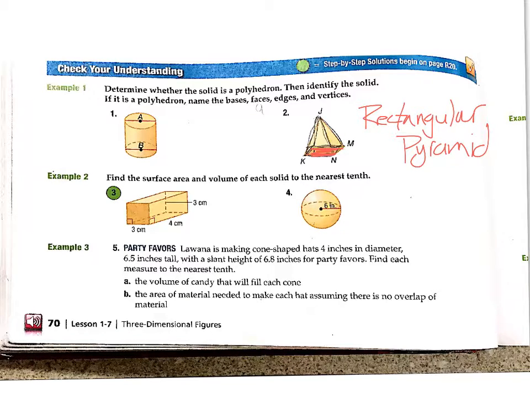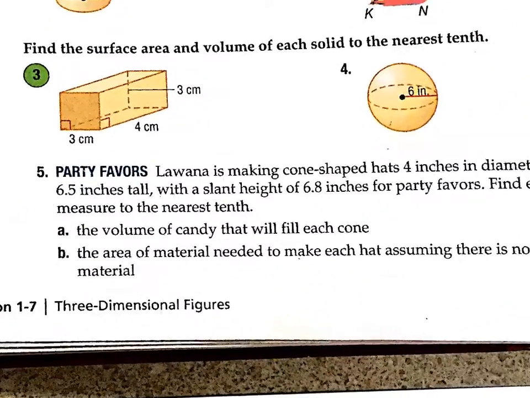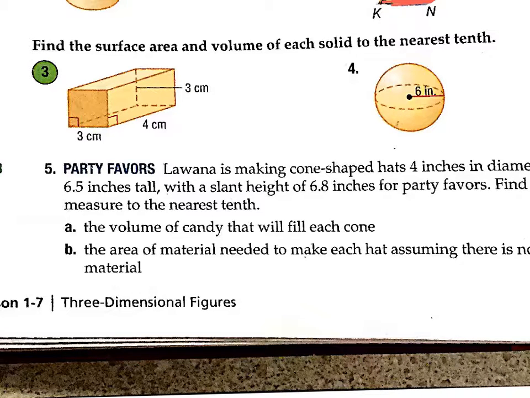Find the surface area and volume of each solid to the nearest tenth. Okay, so number 3, I'll expand this a little bit so I can do some work in here. Surface area is really just adding the area of all the faces. If I do this side right here on the front, that's a square. So it's 3 by 3, so that's 9. That means this side over here is 9. This face right here is 4 times 3, which is 12, which means this back side is 12.